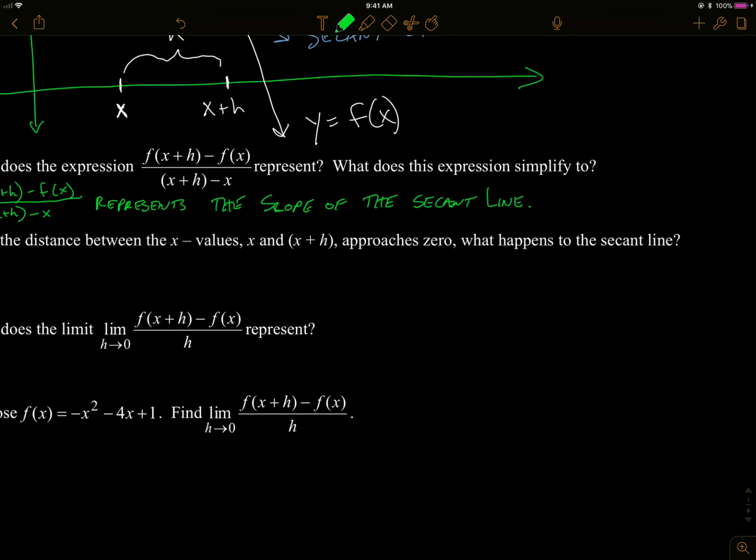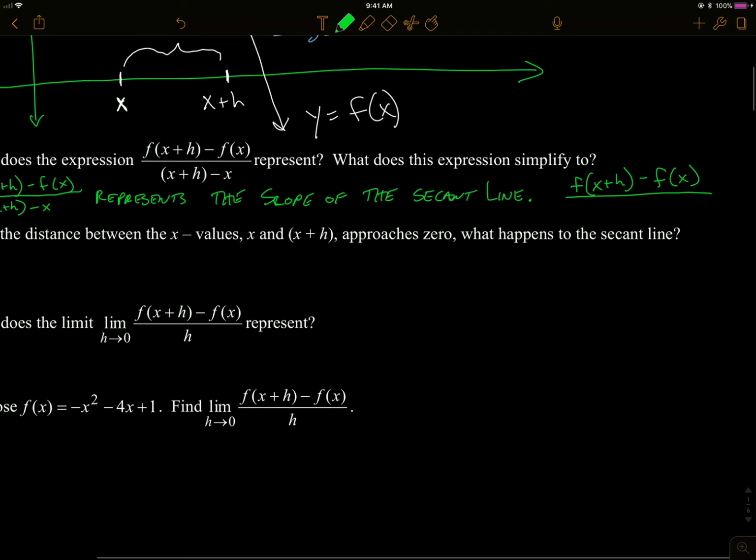Now it says, what does that expression simplify to? Well, I can make it f of x plus h. I can't simplify the top because these need to get plugged into the function first, and then I can simplify them, but I don't have a function because this is a general formula. So you're going to simplify the numerator when you do a problem after you've already plugged the stuff in. And like I said, you guys have been doing this already.